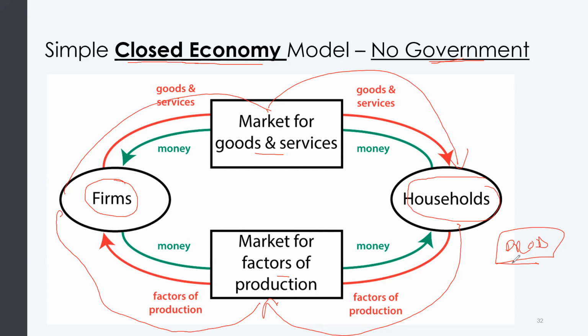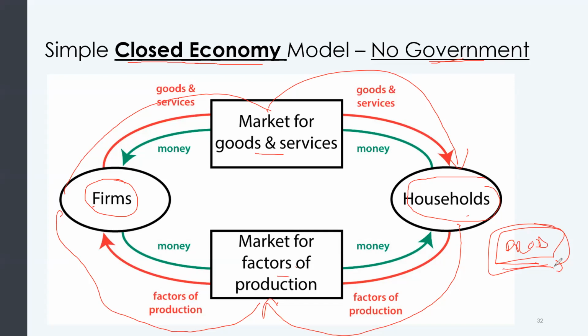That's the production flow, right? Households provide factors of production. They provide land, labor, capital, and entrepreneurial skills. These factors of production are consumed by the companies, and the companies produce goods and services. The goods and services which are now in the market for goods and services are then going to the households who consume the goods and services, and that's the production flow.